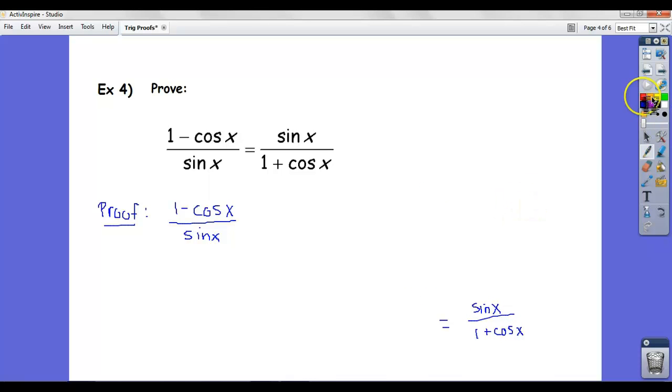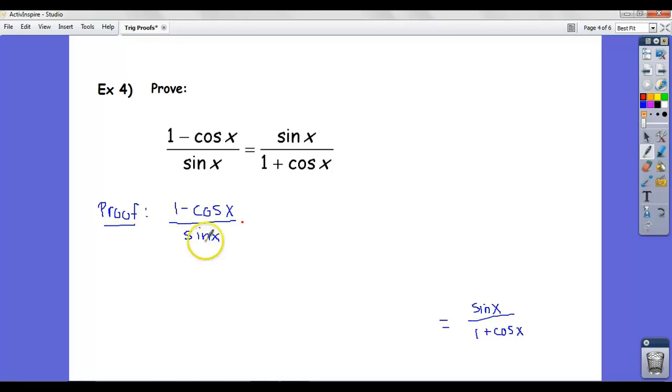All right, so this is one of the situations where it's not enough to just substitute in identities. I actually might have to do something a little more proactive. One thing I like to think about is that I'm claiming this is equal to this, and this has a 1 plus cosine at the bottom.